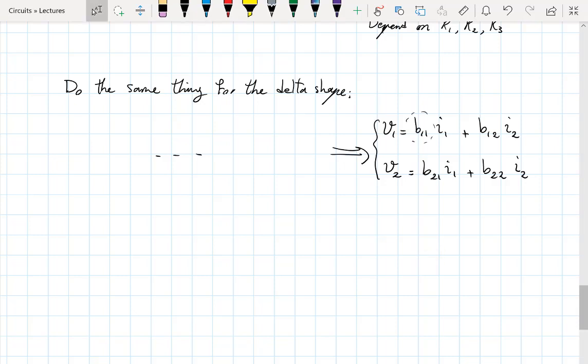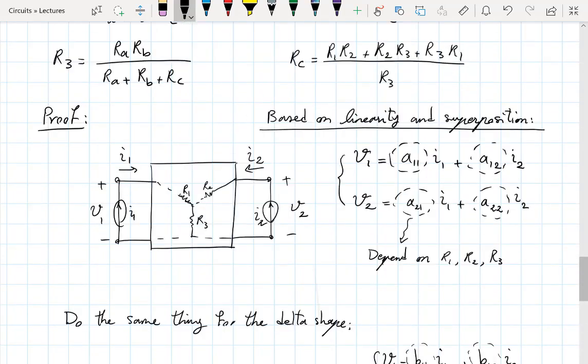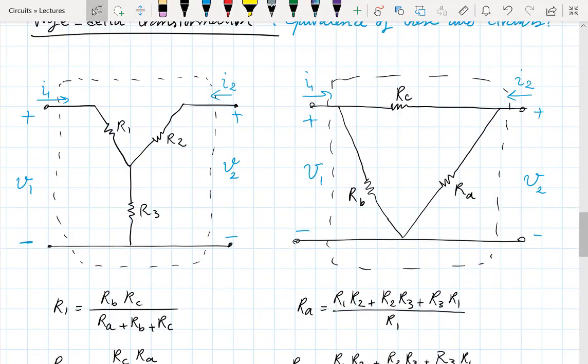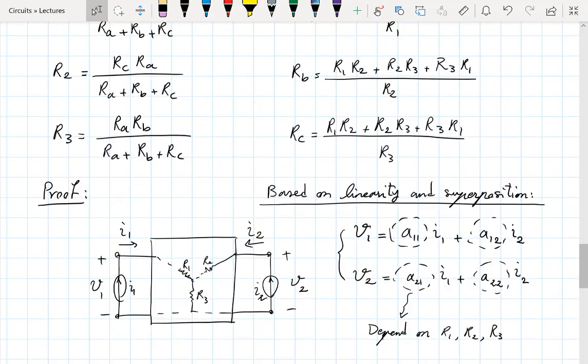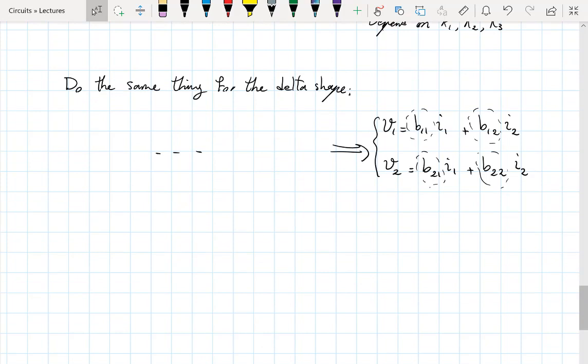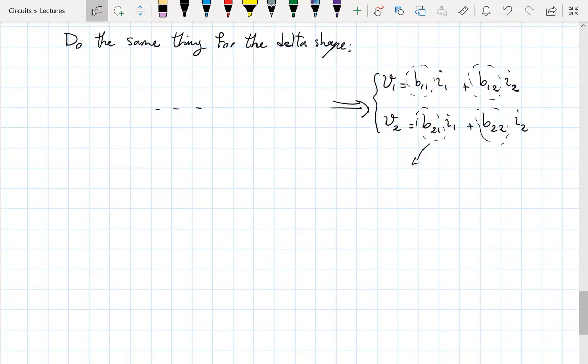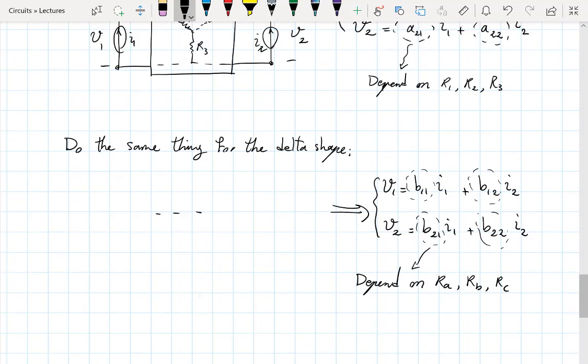So these are those things that would depend on the resistors or the values of the resistors in the delta circuit. So these would depend on RA, RB, RC, or would be written with some combination of RA, RB, and RC.